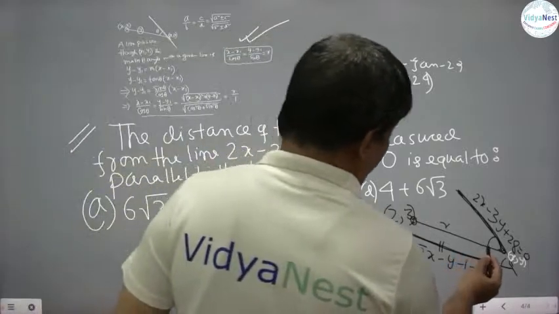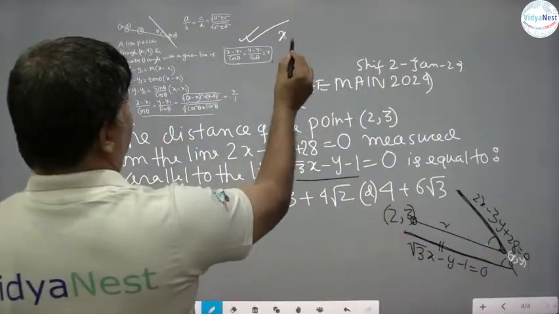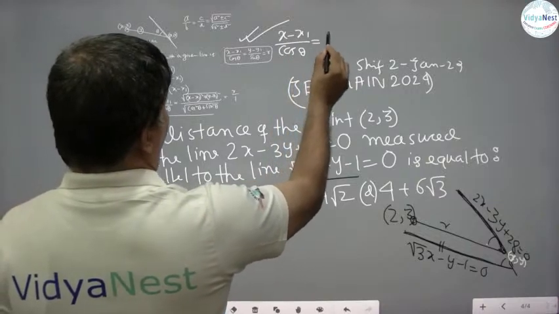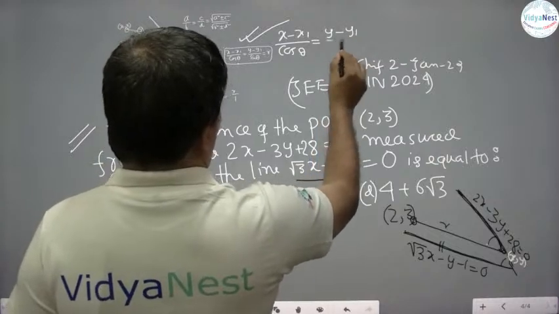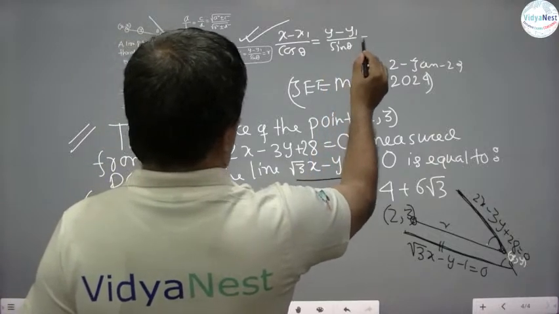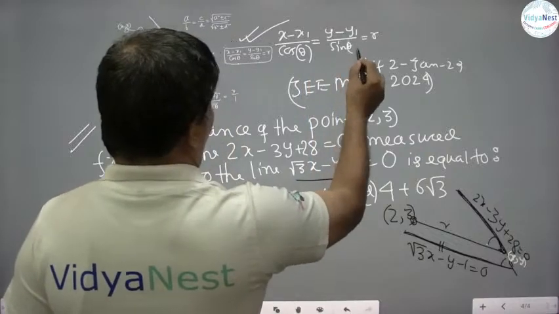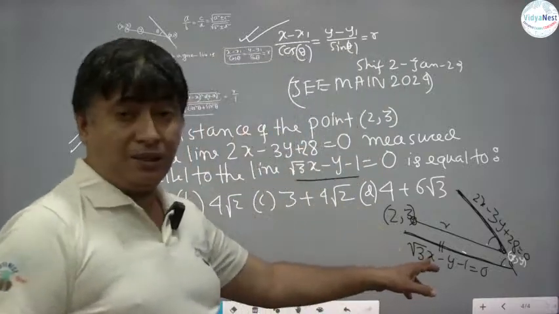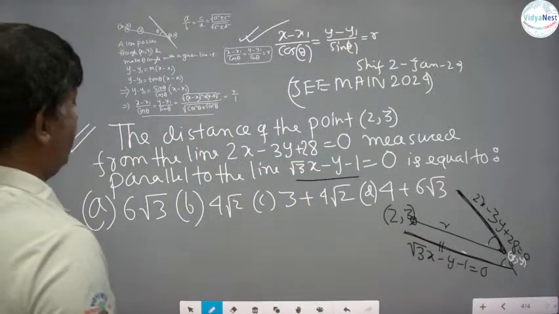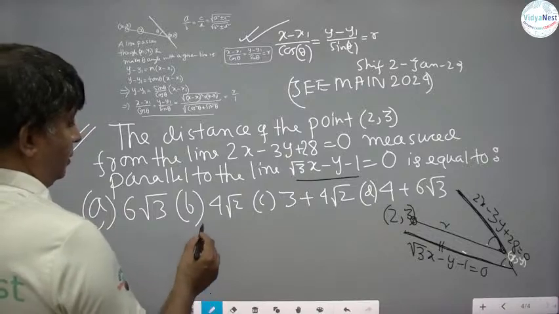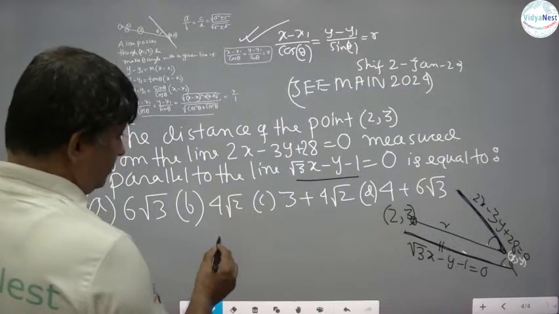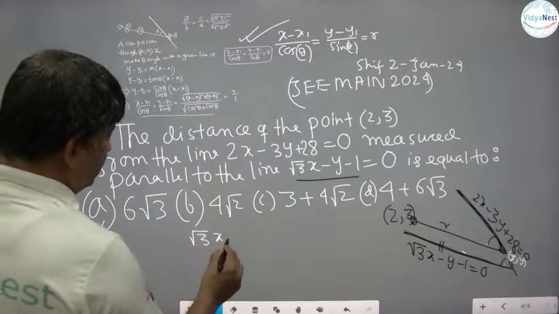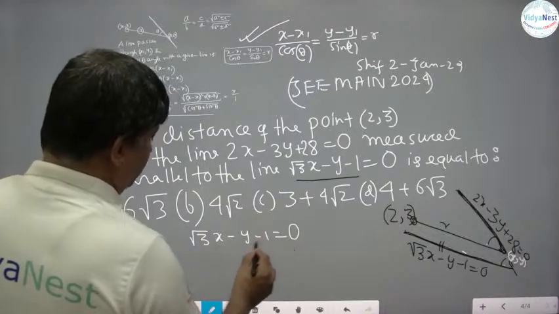And what is theta? Here the formula is the symmetrical form, x minus x1 by cos theta, y minus y1 by sin theta is equal to r. How to find this theta? Theta will be measured by the slope of this line. Okay. So you know, root 3 x minus y minus 1 is equal to 0.